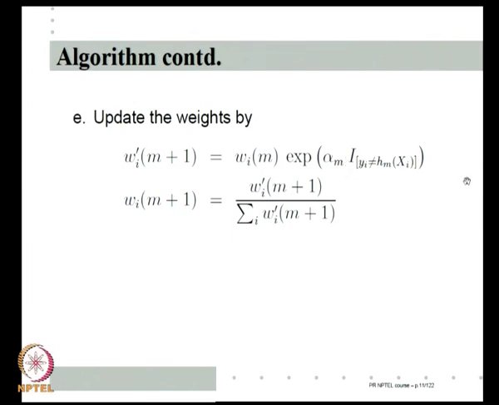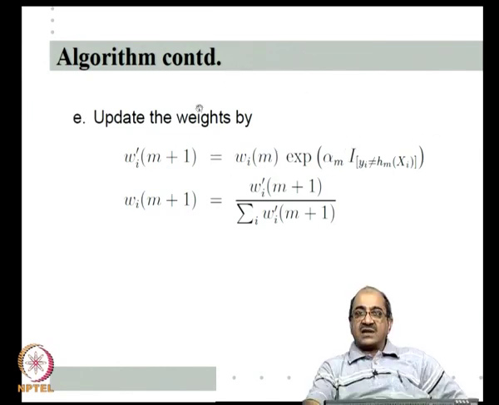If y i is not equal to h m x i, then this factor will be exponential alpha m, and alpha m is positive. So, this is greater than 1. So, w i prime m plus 1 is greater than w i m, and hence after normalization also it will remain.